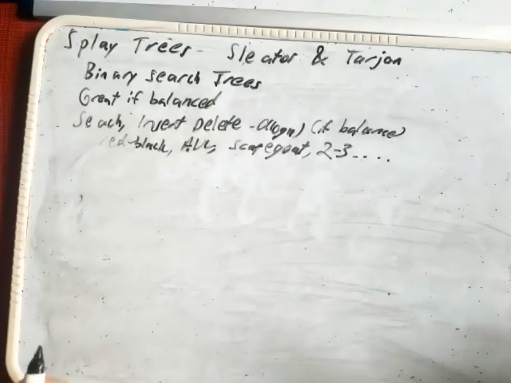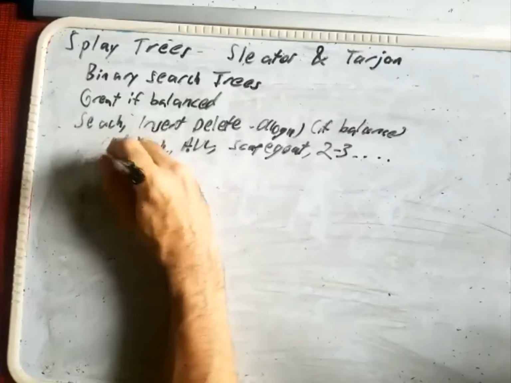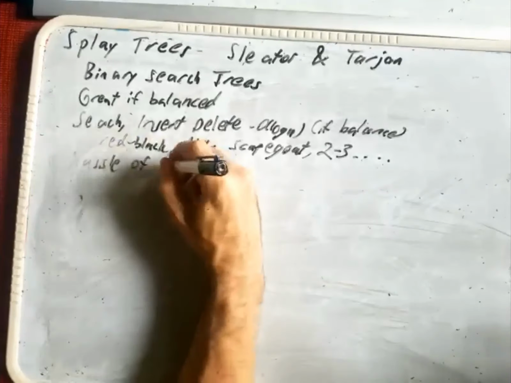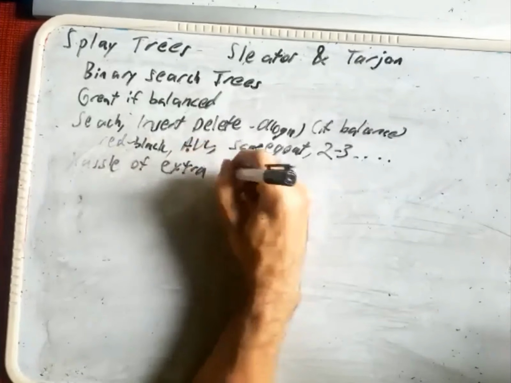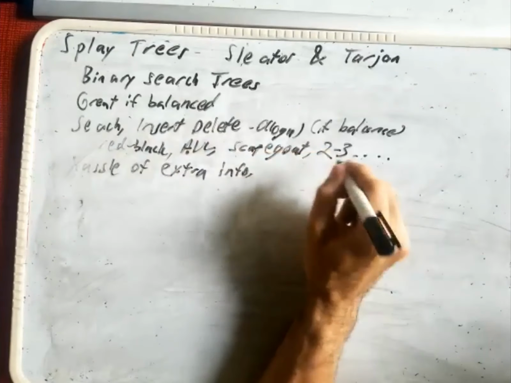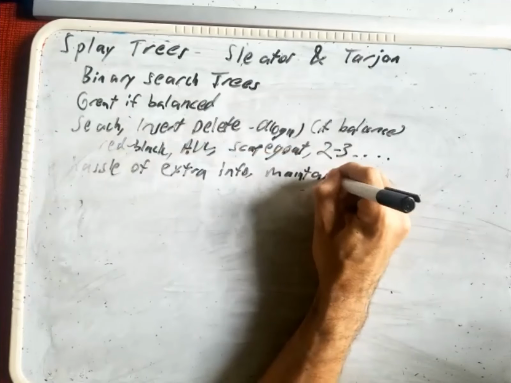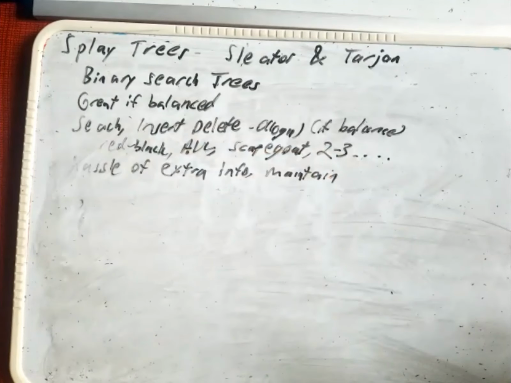And all of these are kind of annoying because you have this hassle of tracking extra info and doing specific work to maintain those extra bits or colors or balances or whatever else that you use to actually do the rebalancing, right?